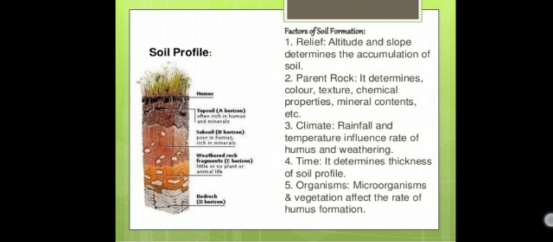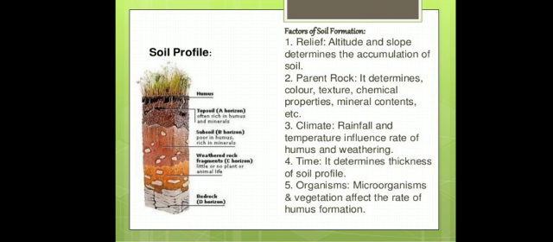Below the B horizon lies the C horizon, which is weathered rock fragments, and this horizon has little or no plant or animal life. At the bottom lies the D horizon, which is known as bedrock, and this bedrock consists of unweathered parent rock, and is entirely rocky in nature.